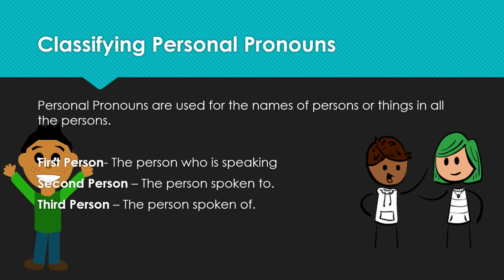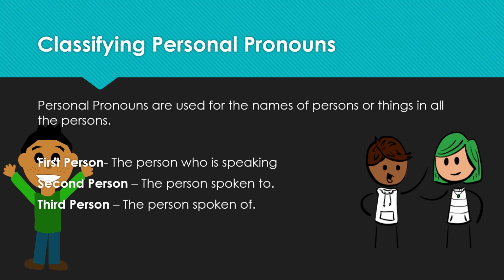Now see, if three or four people are talking, the number one person who is speaking is the first person and will use pronouns like I, we, me, my. If he is speaking to another person, he will use for him you, your, yours.